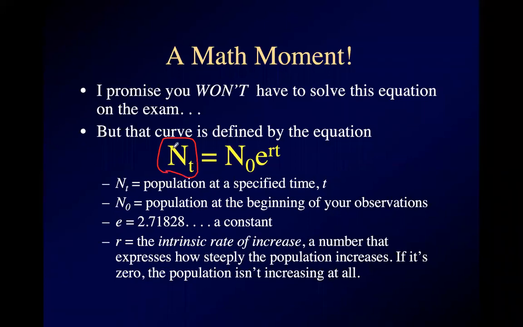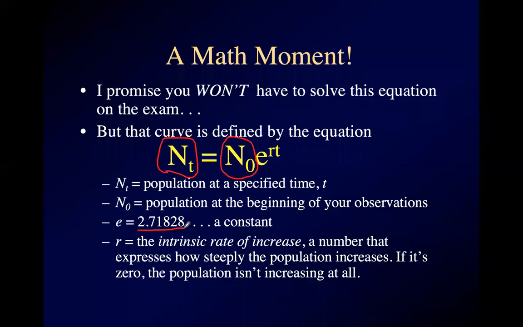That time is t. So the population at that time is equal to the starting population, N subscript 0, multiplied by a number e, and lowercase e is an irrational number that's approximately equal to 2.718. It's one of those irrational numbers because the digits never repeat and never stop.